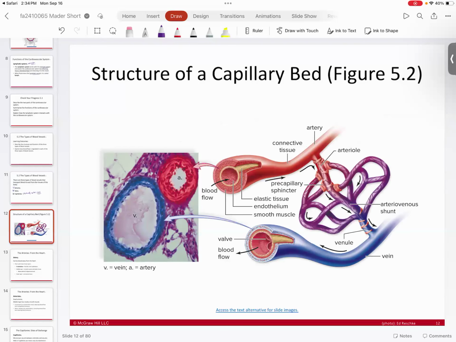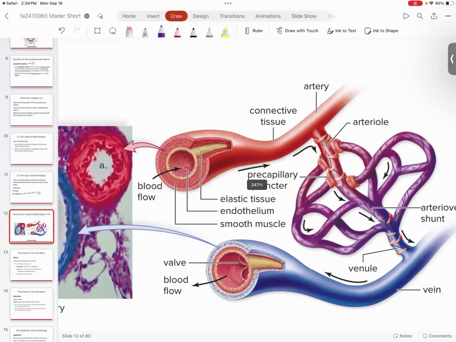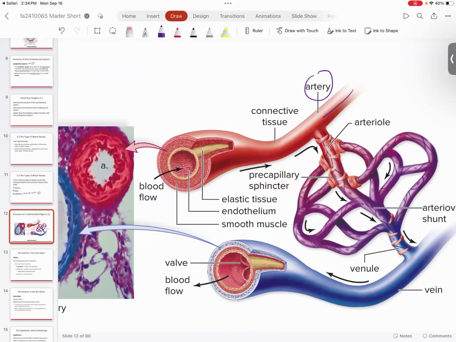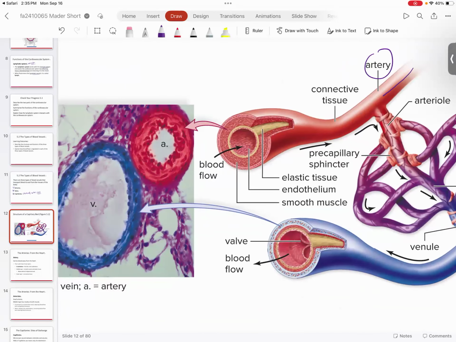This is what it looks like. So when you take a look at this, you'll see a couple things. First of all, this is basically your artery up here in the red. And so your artery is carrying your blood. This is a white light micrograph of an artery. So you can see the artery has this really thick muscular wall. And that's true of arteries.